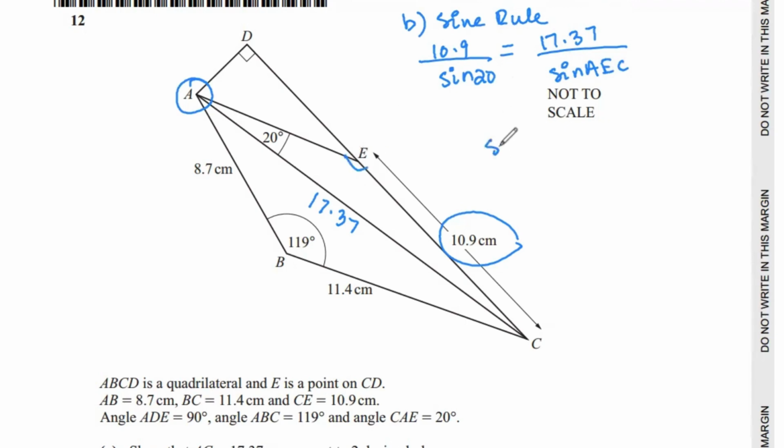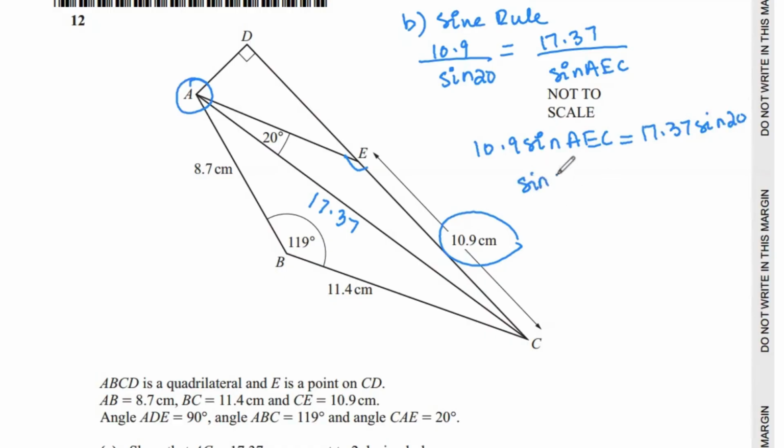So for this, we'll do sine of AEC, cross multiply. So we'll cross multiply: 10.9 times sine of AEC equals 17.37 times sine of 20.